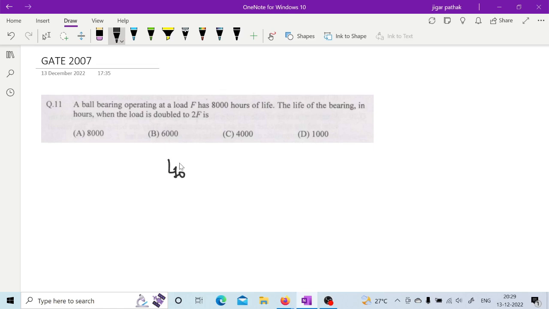See, this L10 we have considered, right? What is that L10? Anyone can tell? In revolutions. Yeah, it is that (C by P) raised to n, into 10 raised to 6 revolutions.